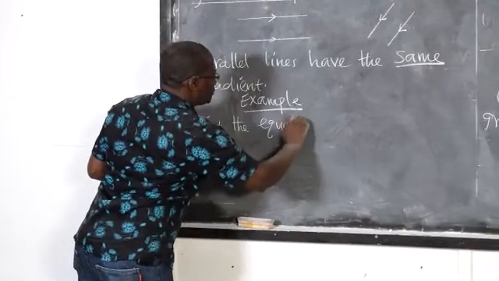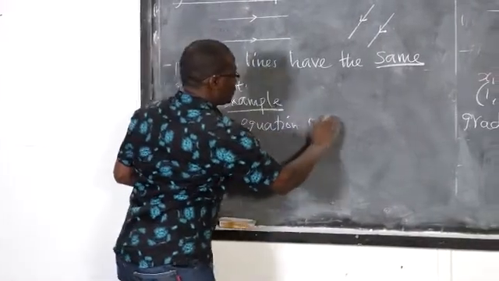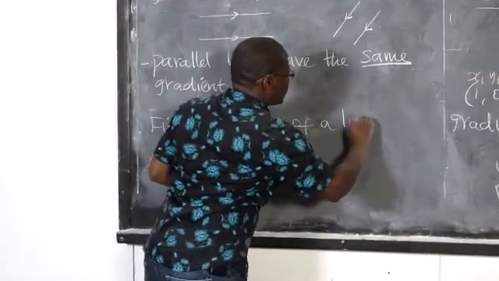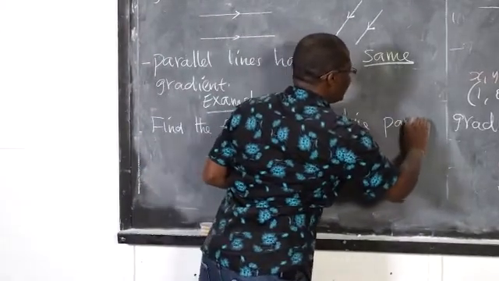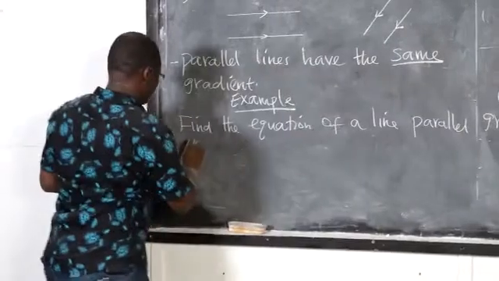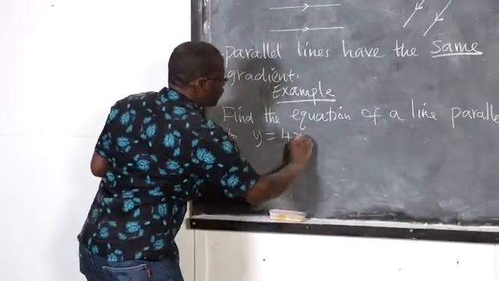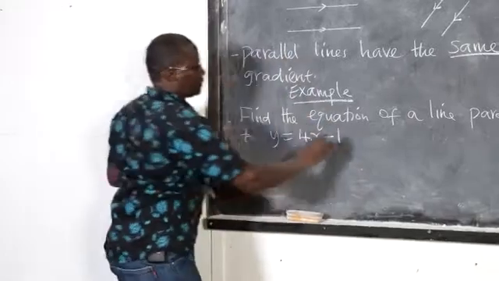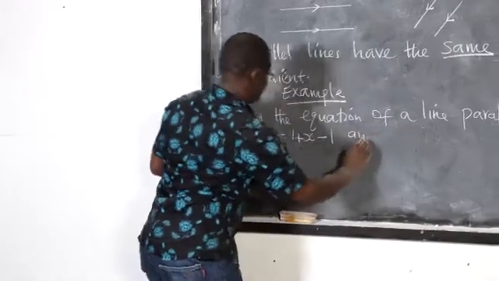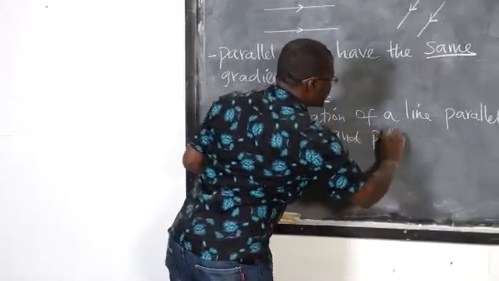Find the equation of a line parallel to y equals 4x minus 1 and passes through the origin.